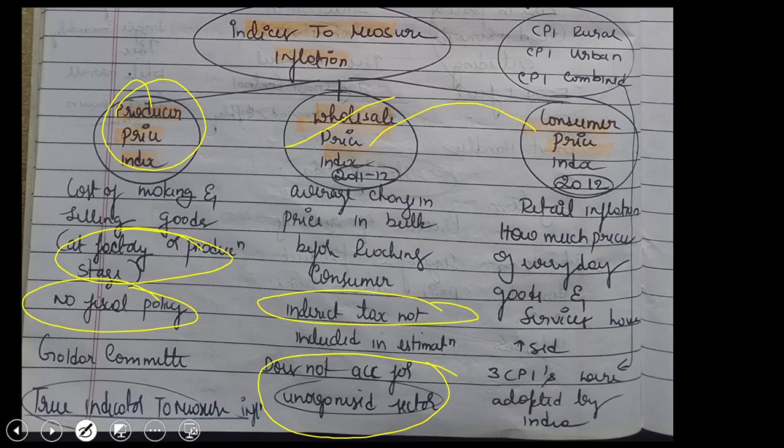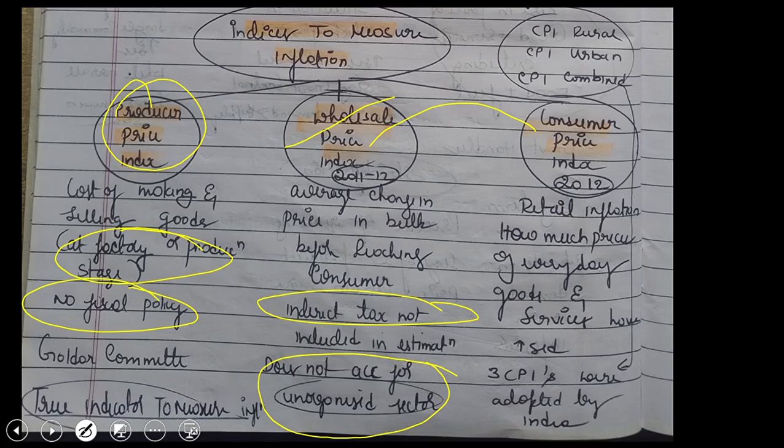Whereas if you compare a person working as a waiter, he can be removed easily. The restaurant owner can remove him easily. So that is the difference between an unorganized sector and an organized sector.